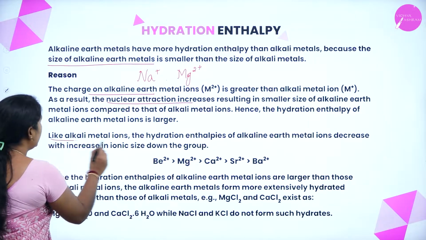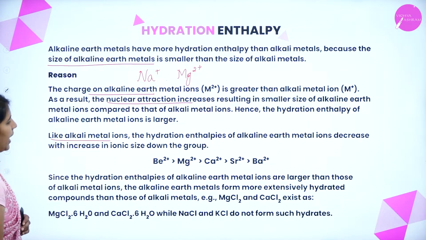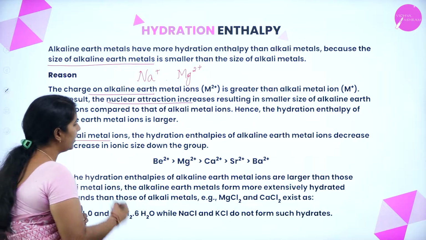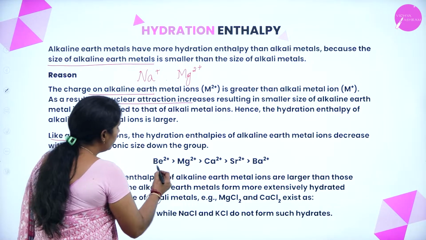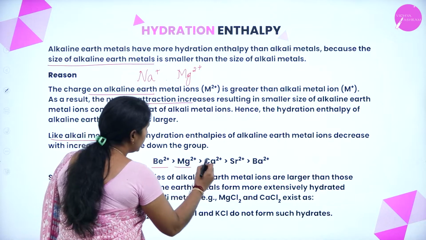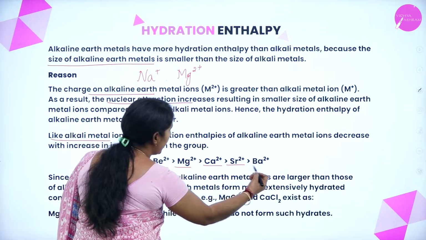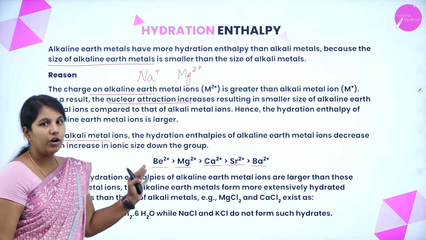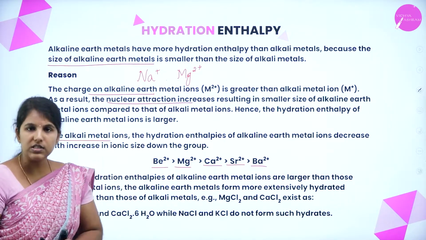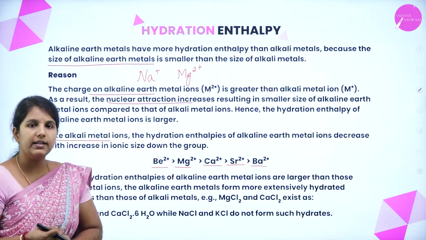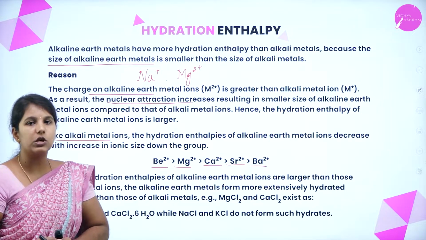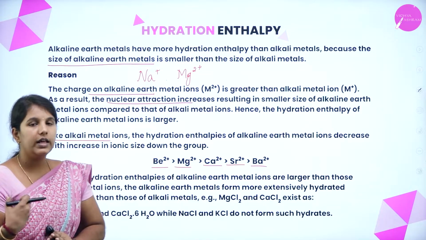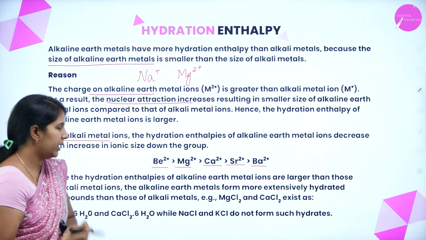So, like alkali metal ions, the hydration enthalpy of alkaline earth metals is also in this order: first comes beryllium, magnesium, calcium, strontium and barium. So, the same order we have learned in the case of the first group also. Is it right? Like that, the alkaline earth metals also have their own degree of hydration enthalpy.